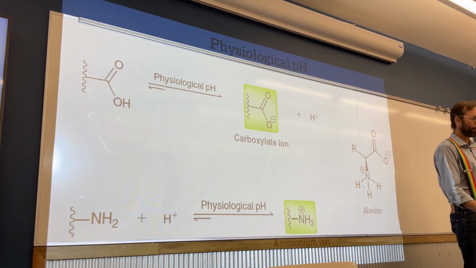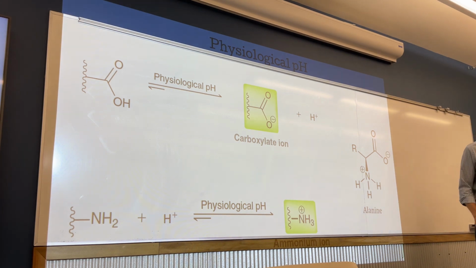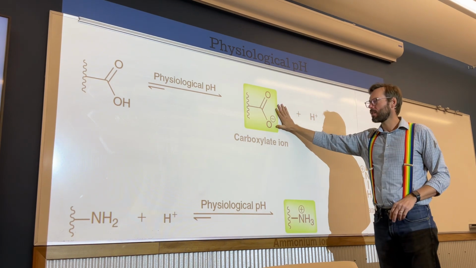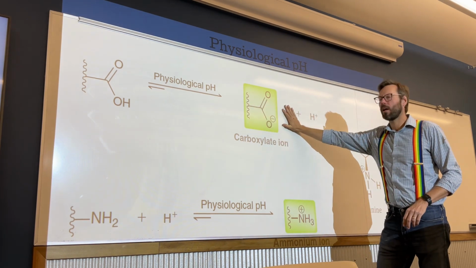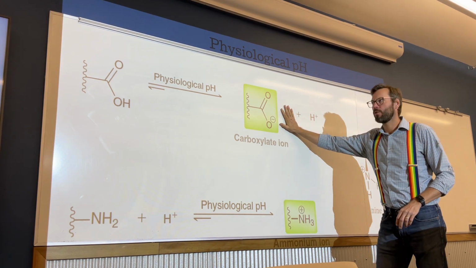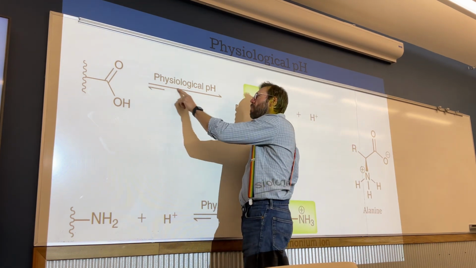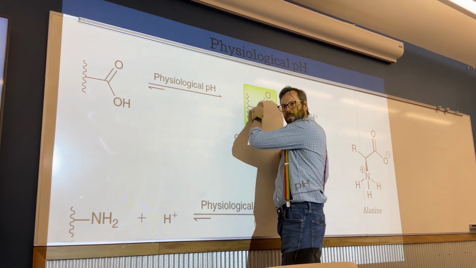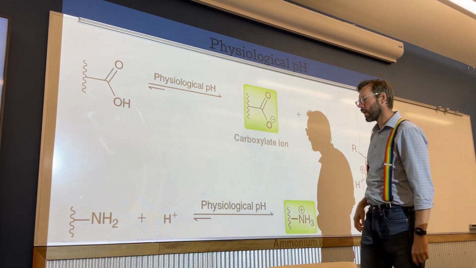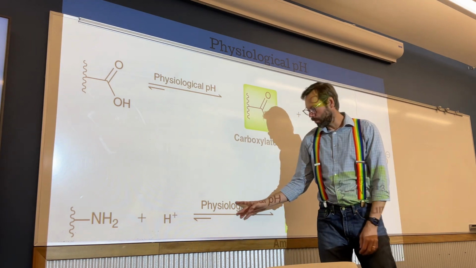All right. So here we have physiological pH, and what that means is it's going to drive the amino acid toward a carboxylate ion, meaning it's going to kick off that hydrogen most of the time. That's why the equilibrium arrow is much more in favor of this setup than this setup, right? And then same thing with our amine group.